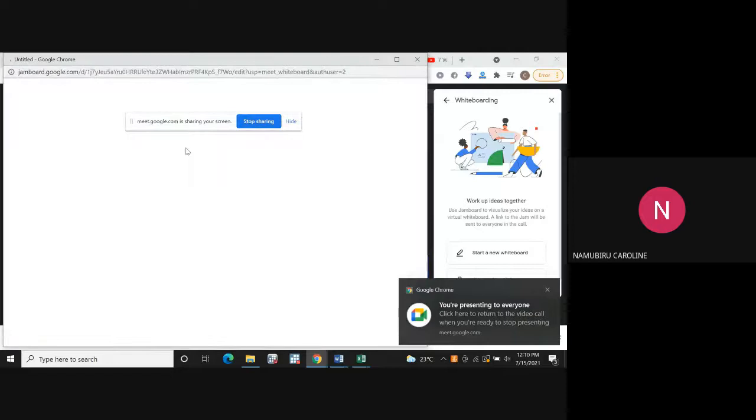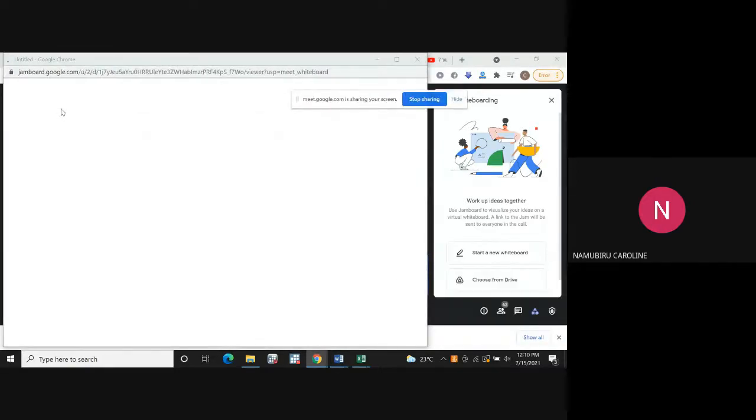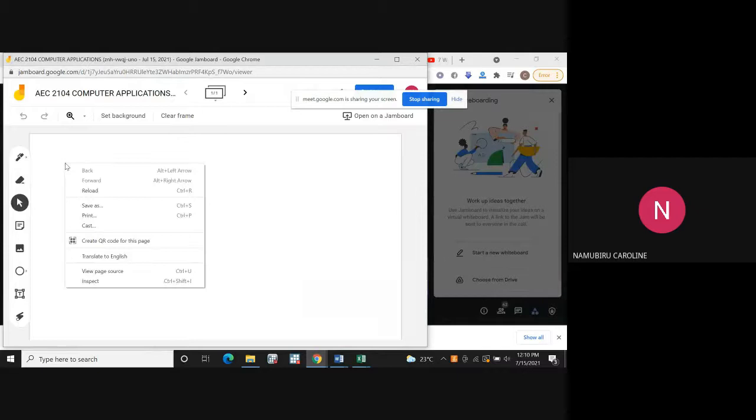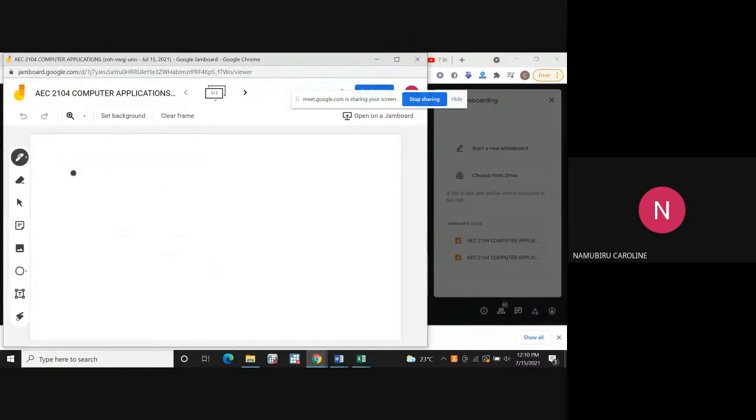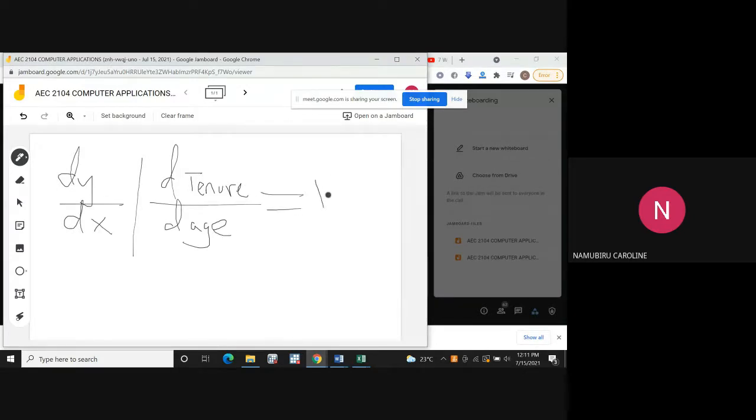So it's more like we are saying what we know, the normal we know about y and x. So we are saying that dy/dx, which is our d-tenure over d-age, is equal to 1.50 something, meaning any change, when you see that d, it means a change.